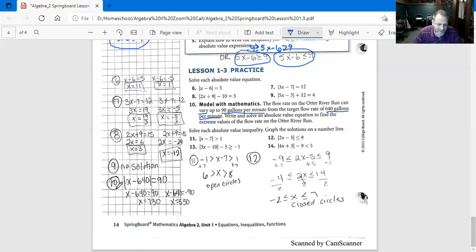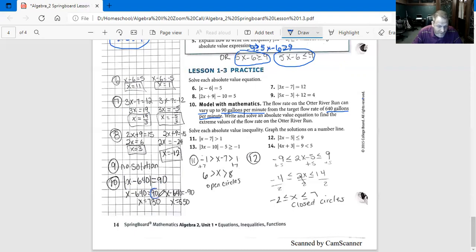All right, so guys, we're going to be looking over here. It's going to be x minus 640, trying to do my best here, guys, equals 90. All right, so we take that out and we do what we always do.